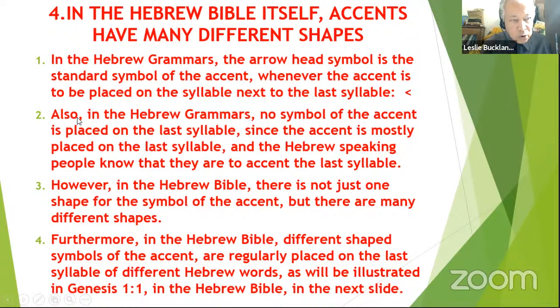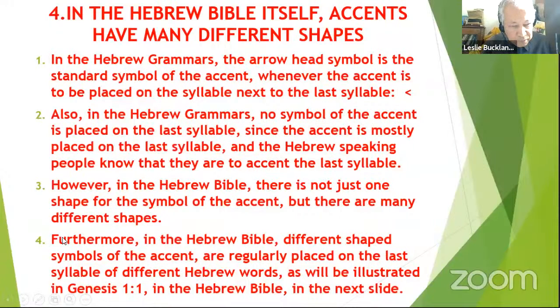Number 2, also in the Hebrew grammars, no symbol of the accent is placed on the last syllable, since the accent is mostly placed on the last syllable, and the Hebrew-speaking people know that they are to accent the last syllable. Number 3, however, in the Hebrew Bible, there is not just one shape for the symbol of the accent, but there are many different shapes.